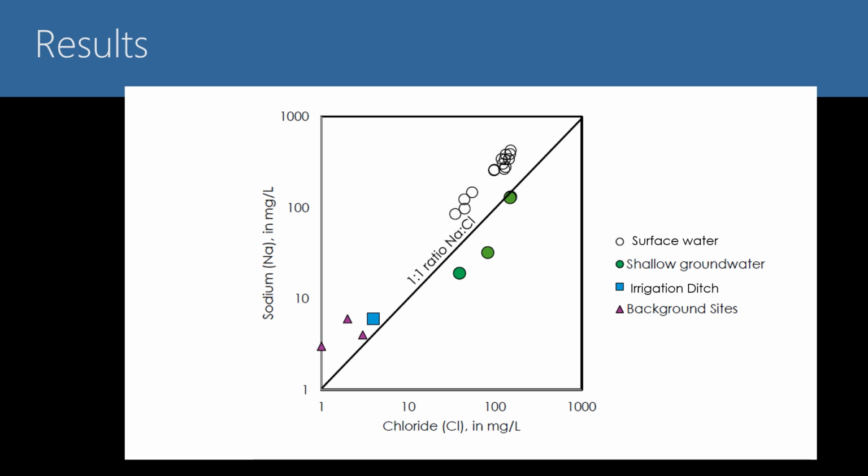But the samples with excess chloride relative to sodium, a ratio less than 1, would suggest septic contamination. Those might be these two green dots here representing shallow groundwater in wells that were known to be close to septic systems. In contrast, all of the surface water samples collected as part of the study do indicate a ratio greater than 1, shown here in all of the open circles.